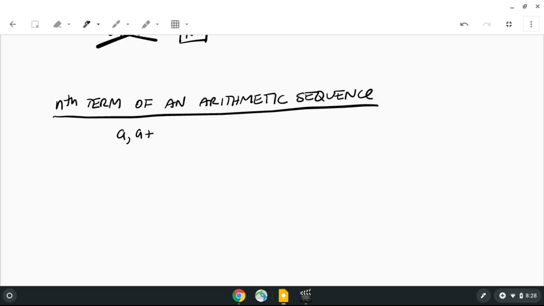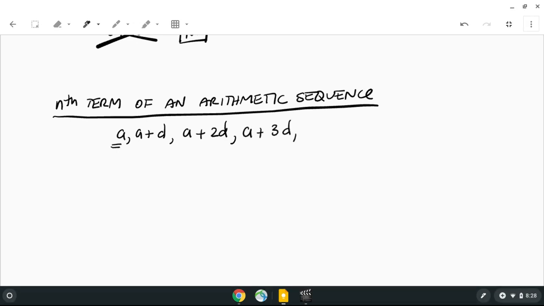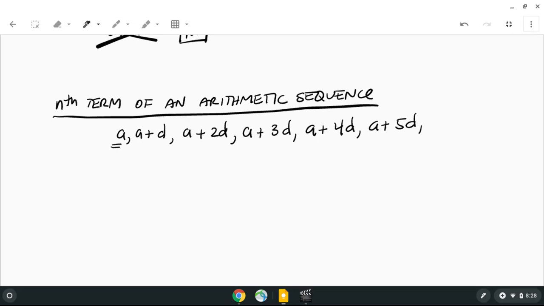And then you add another set of 3, and then another set of 3. So whatever your difference is. And then here you would add two more sets of D to your very first term. And then A plus 3Ds, and then A plus 4Ds, and then A plus 5Ds. And it keeps going.